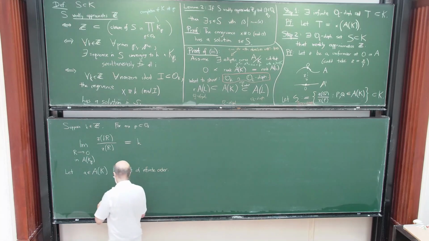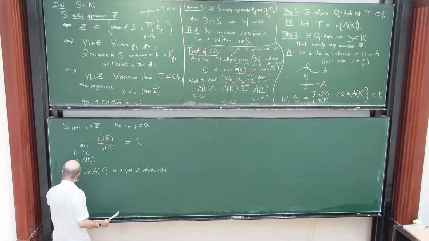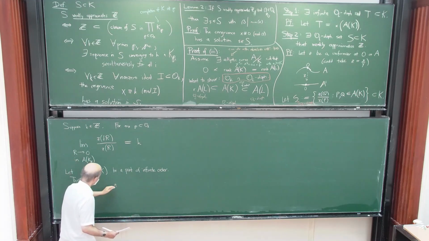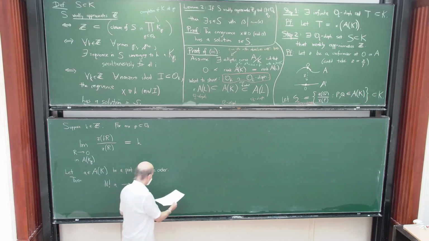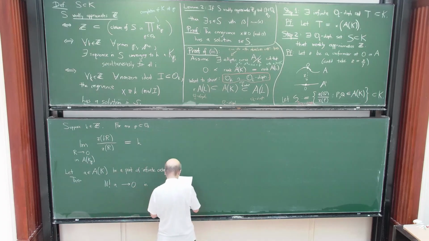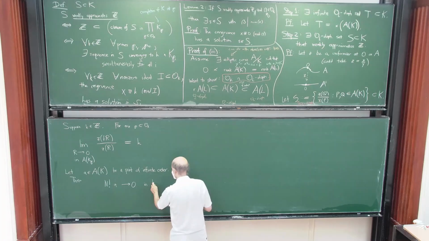And then what I can say is, if I take that A and multiply it by n factorial, then as capital N goes to infinity, this will tend to 0 in A of kp.